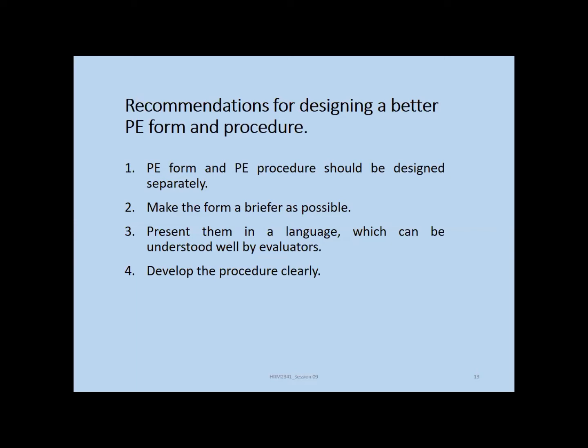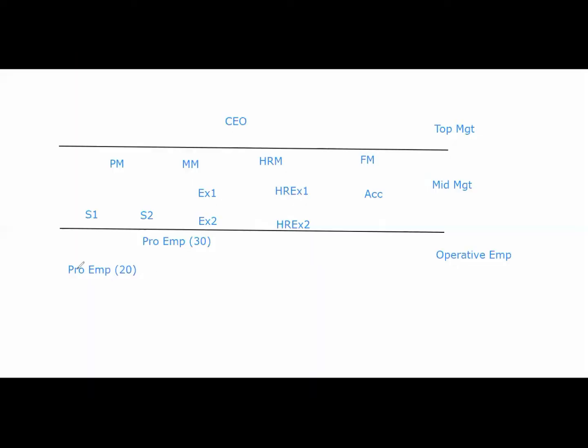As an example, sometimes in our organization there are 20 production employees under supervisor 1. There are 30 production employees under production supervisor 2.